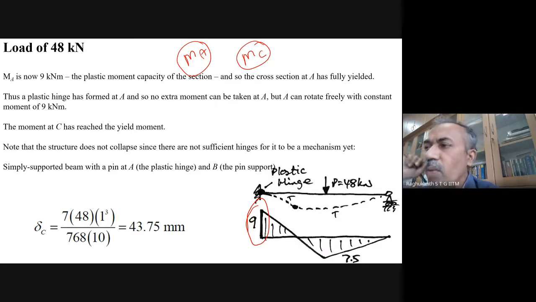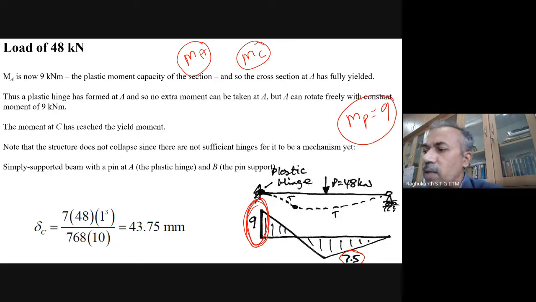The bending moment at this place is 7.5 and the bending moment at this place is 9. And the plastic moment, as I already told you, MP is 9. So what does it tell you? At A, what has happened?